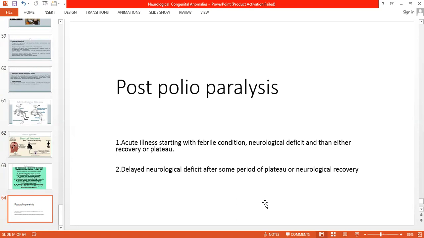So this is post-polio paralysis. This is an acute illness starting with a febrile condition and then neurological deficit and then either recovery or plateau. They will remain the same. And then delayed neurological deficit after some period of plateau or neurological recovery.